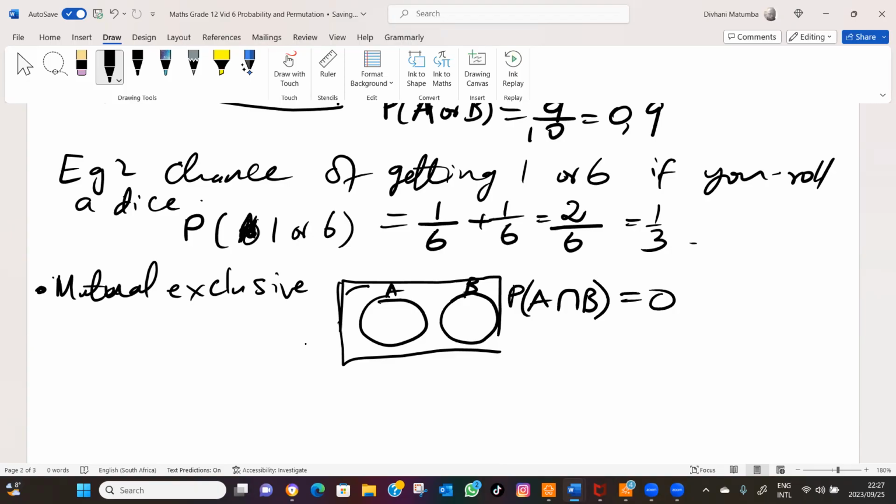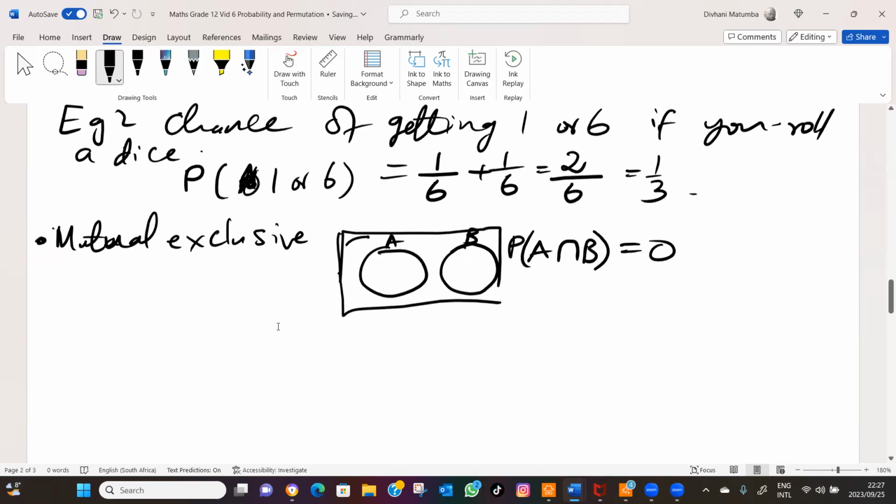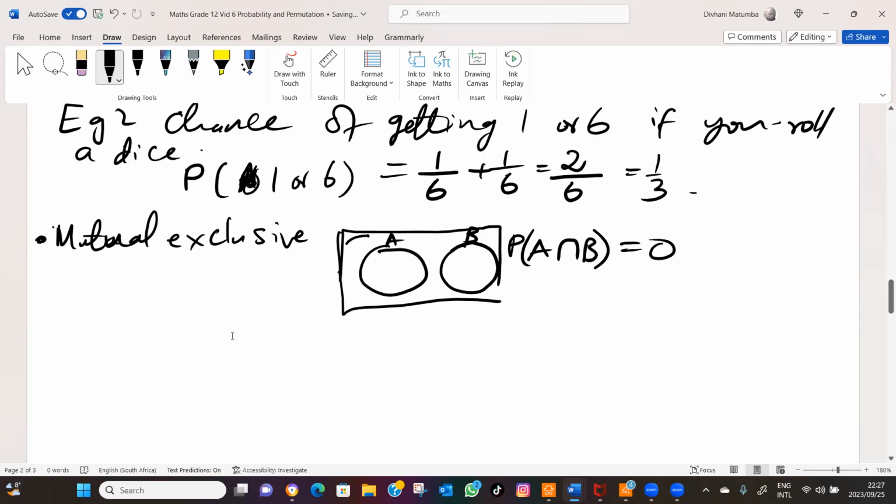Now, normally, we have the following symbols.